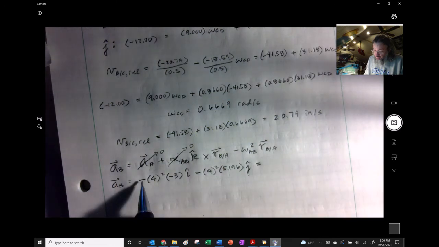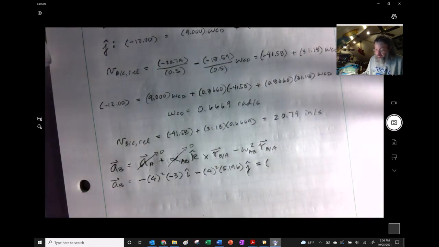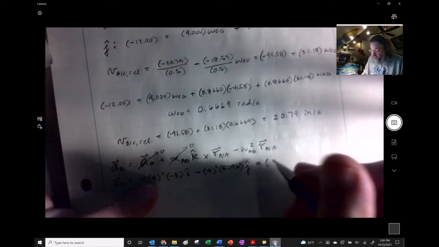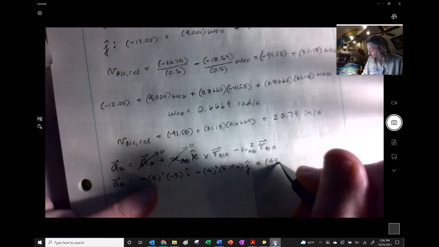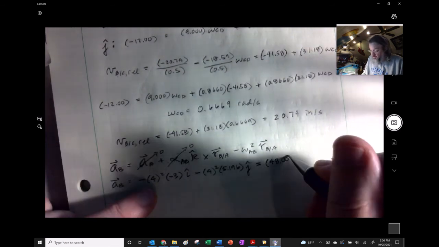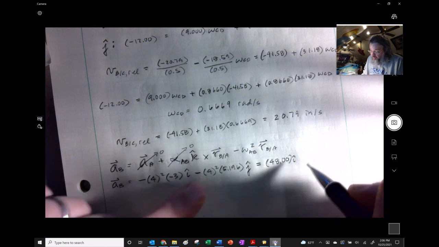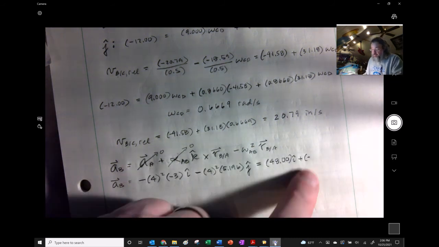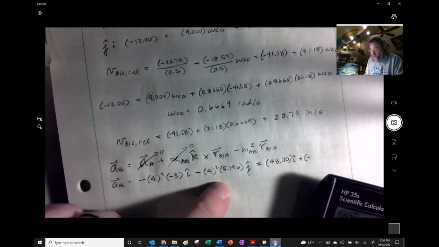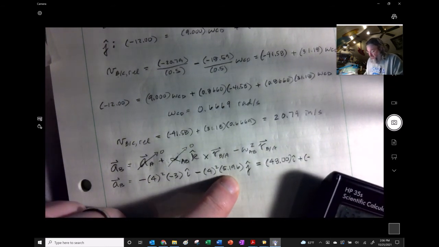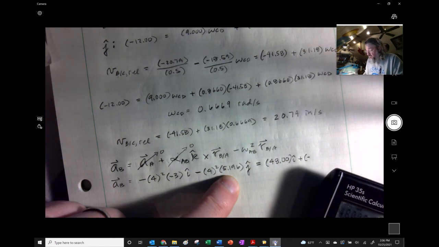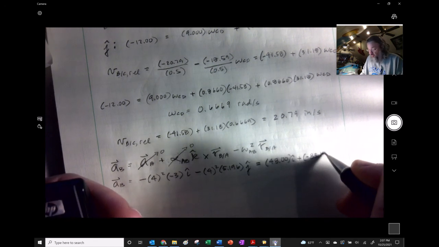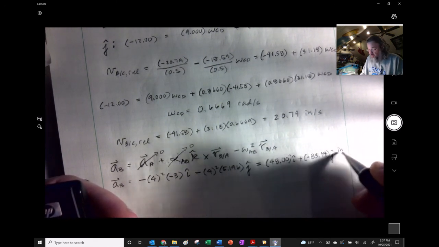So that's a minus minus, that's going to be nice, and that's 16 times 3, so you get 48.00 i. And I like to stick the minus signs inside the values, so 16 times 5.196 gives negative 83.14 j, and these are inches per second squared.